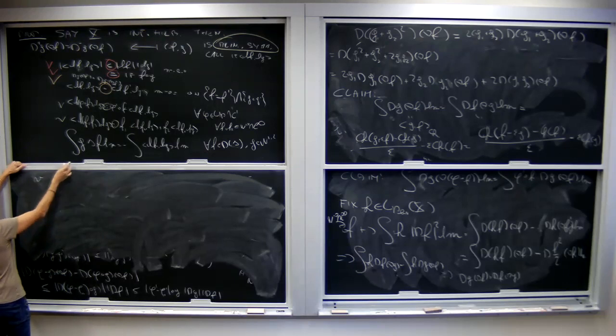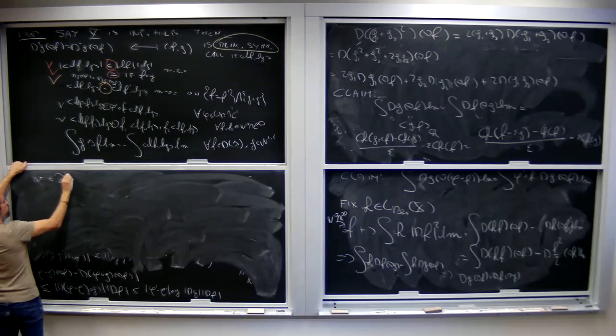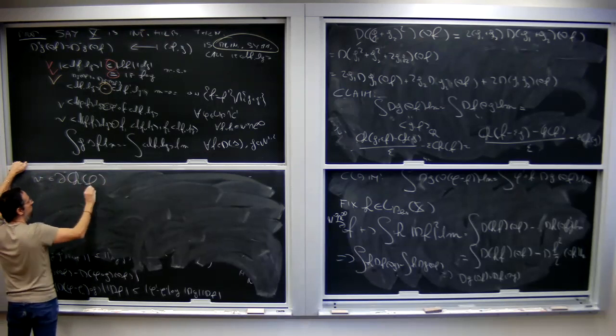What was our Laplacian? Our Laplacian was the element of minimal norm in the subdifferential of the Cheeger energy, right? So let me pick V in the subdifferential of the Cheeger energy.